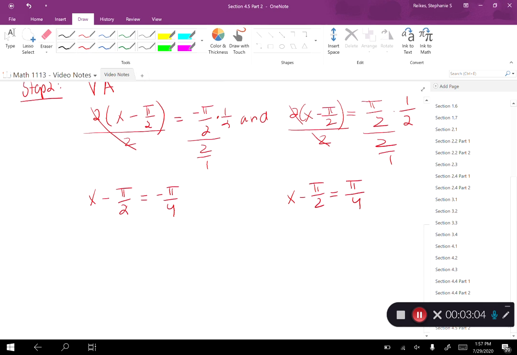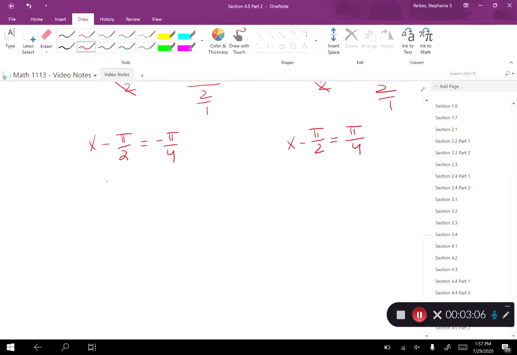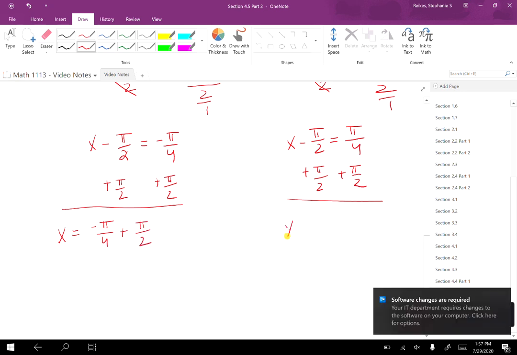All right, from here, I need to add pi over 2 to the other side. And personal preference when dealing with fractions, I like to write it horizontally. So I'm going to rewrite negative pi over 4 plus pi over 2 and positive pi over 4 plus pi over 2.